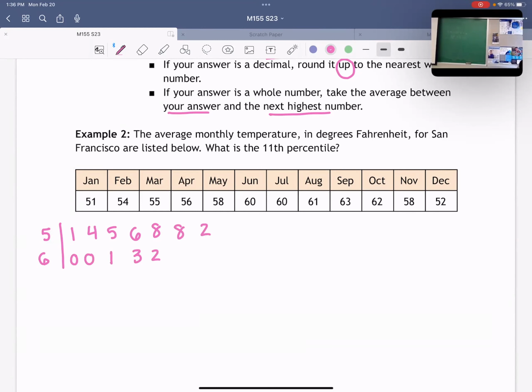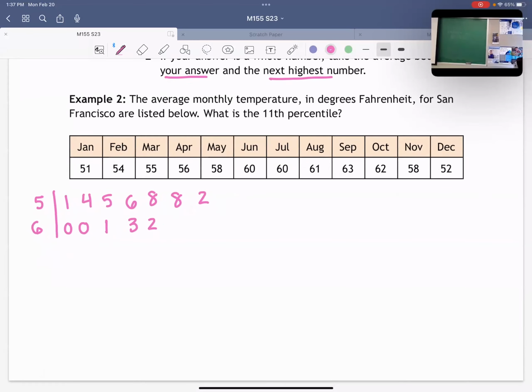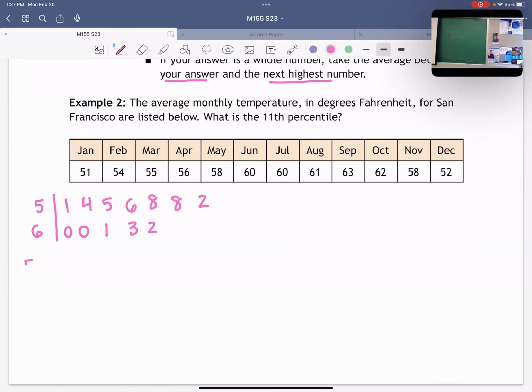Okay, so I just went ahead, I drew a stem and leaf plot. This isn't a complete stem and leaf plot because the rows aren't in order, but this helps me write all the numbers in order because now I kind of separated half the data, so I kind of know where they fall. Okay, so I'm going to go ahead, write these numbers in order. We got 51 as our lowest number. We've got 52.